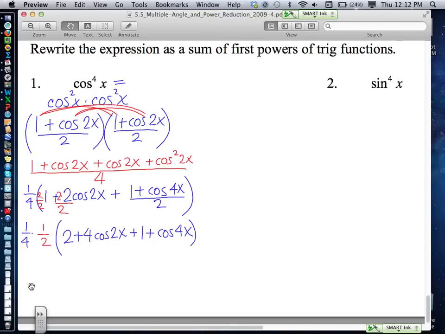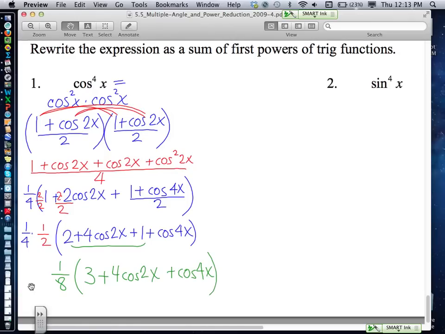Okay, so our finished product, when we've reduced the power of this cosine to the 4th, is going to be 1/8. And now it looks like I do have like terms here. I can add the 2 and the 1 together. So I get 3 plus 4 cosine 2x plus cosine 4x. Okay?